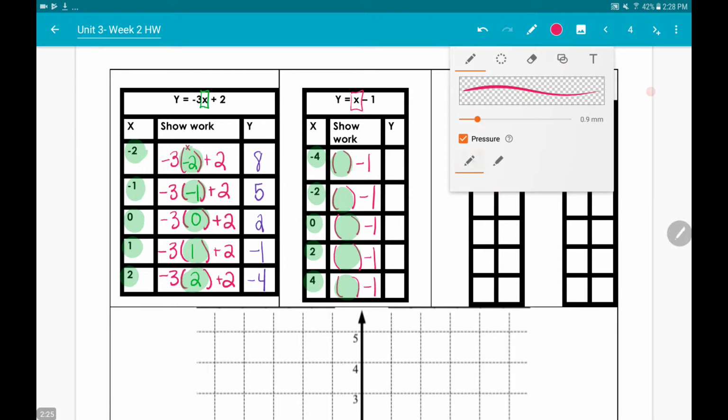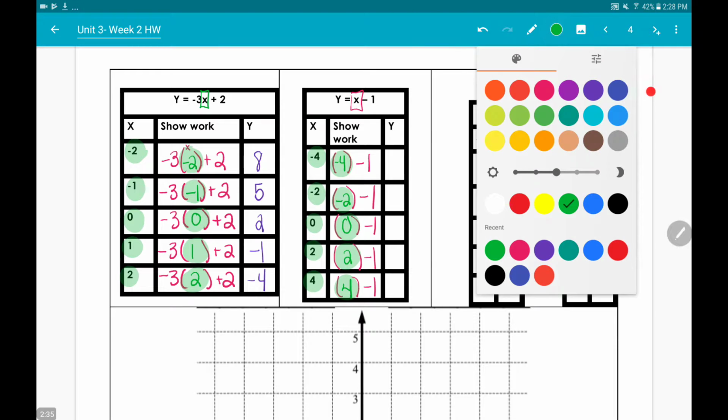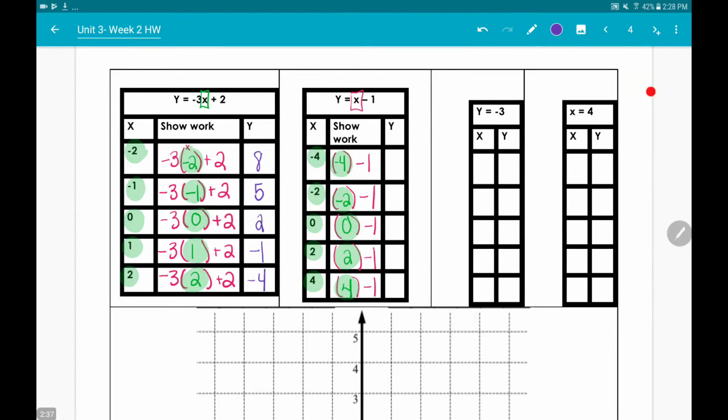I'm going to go ahead and plug those in now. Okay. So now we put that in our calculator. I would get -5, -3, -1, 1, and 3.